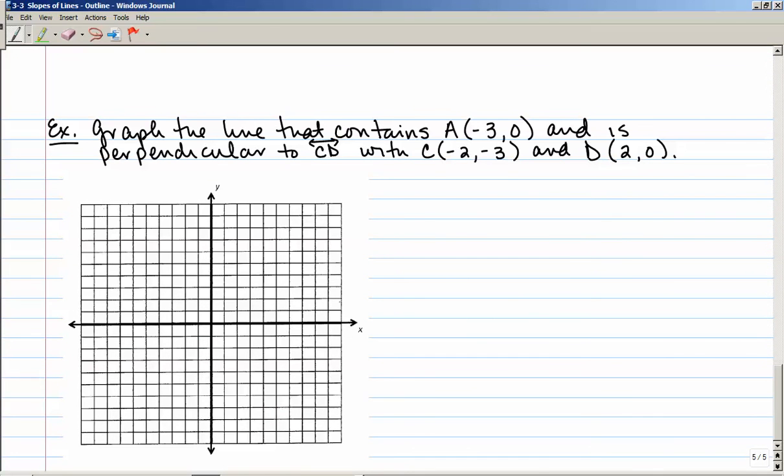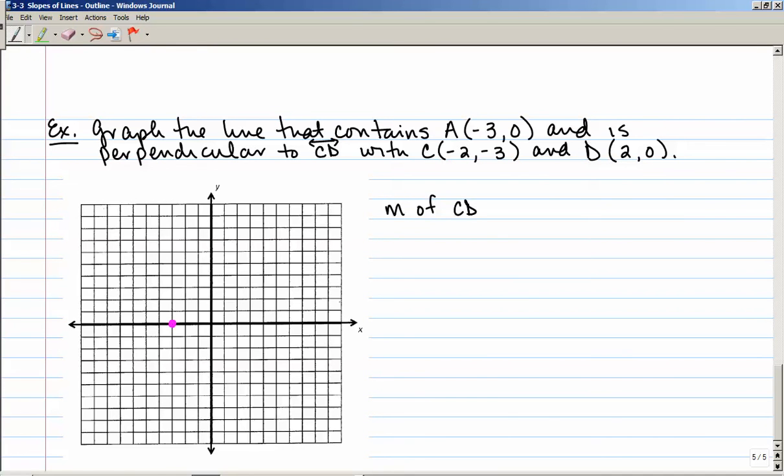Okay, so next example says, graph the line that contains the point A, which is (negative 3, 0), and is perpendicular to line CD with point C (negative 2, negative 3) and point D (2, 0). So the line is going to go through the point (negative 3, 0), which is right here, and it's going to be perpendicular to line CD. And actually, I don't need to graph line CD, I just need to find its slope.